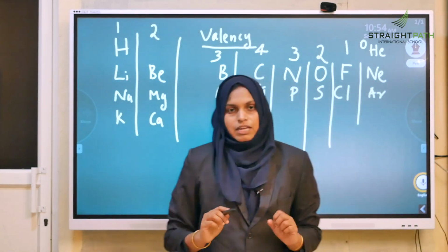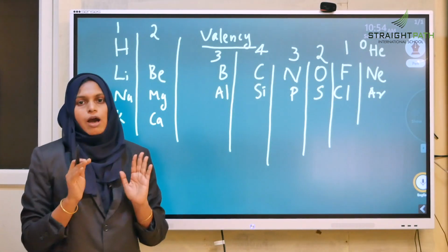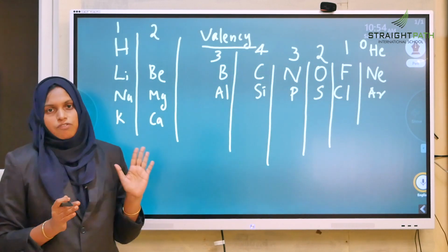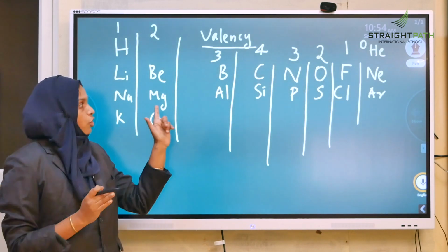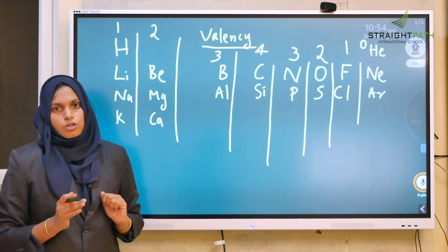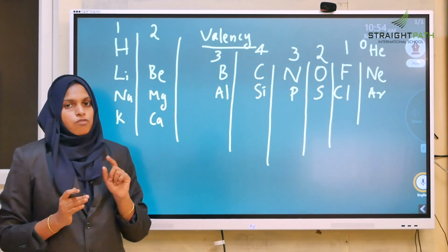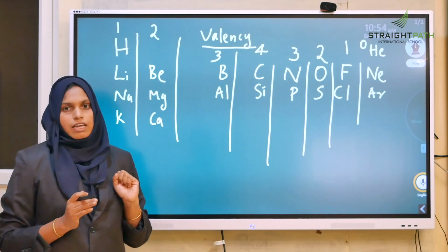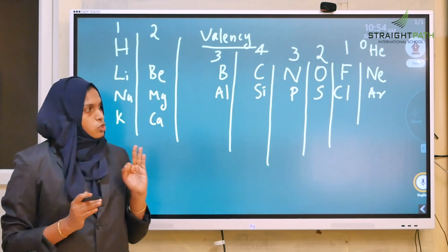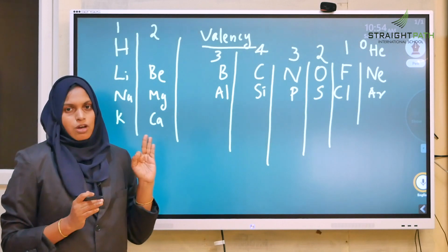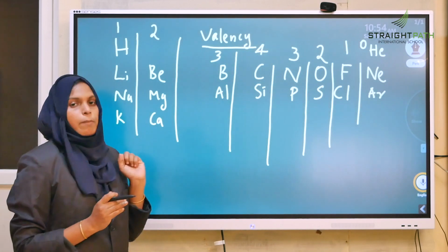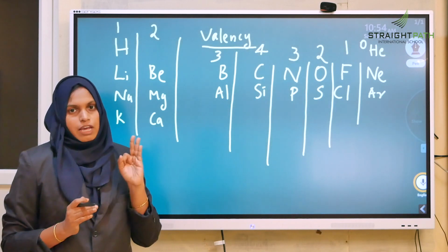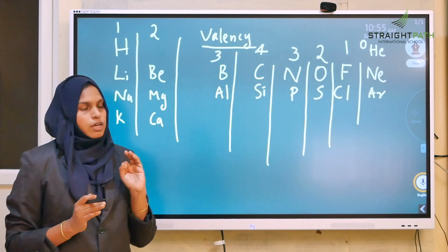So let me do examples. How can we write the chemical formula? In order to write the chemical formula, we have to know the valency and also the symbol. And we have to study 3 more rules. First rule, the valency of the atoms in the chemical formula should balance.